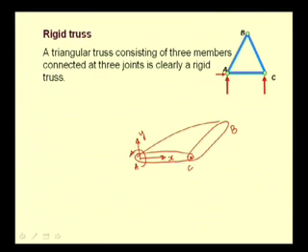So, if we have 3 such elements connected at their extremities, out of the 9 degrees of freedom, that is 3 degrees of freedom individually for each member, for each of these joints 2 degrees are arrested. So, 6 degrees of freedom are arrested. The remaining degrees of freedom that this combined structure has is 3.